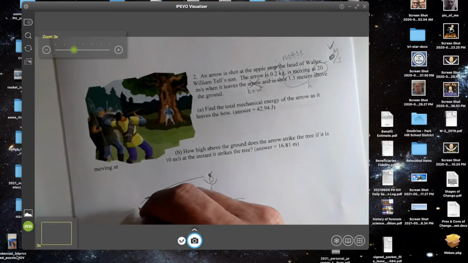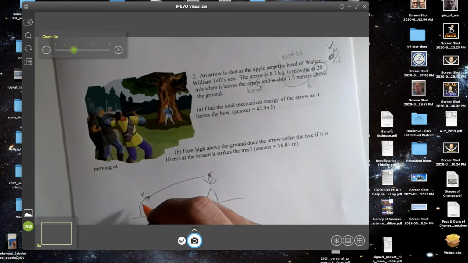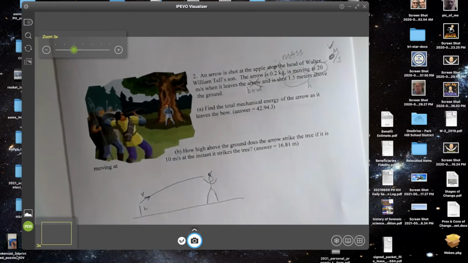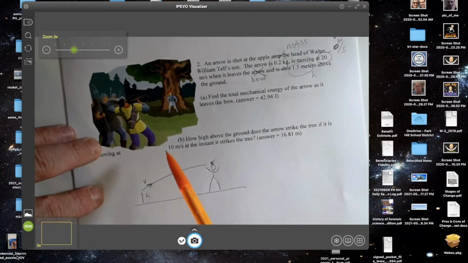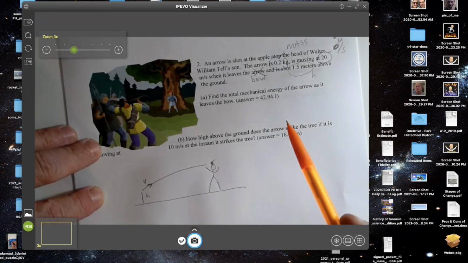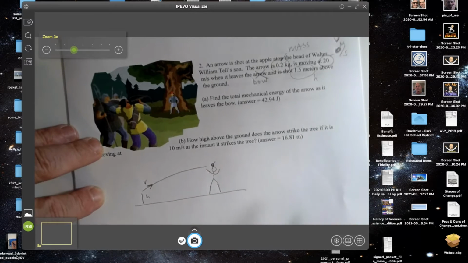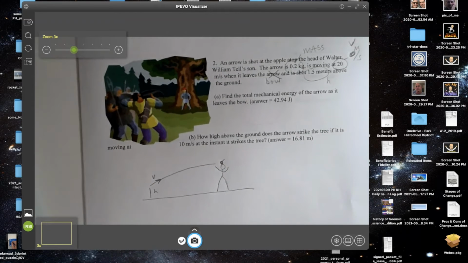The arrow has a velocity, and the arrow has a height above the ground. So the arrow is going to have kinetic and potential energy. It's going to have mechanical energy, and that energy is going to be conserved again as long as we don't need to worry about any dissipative effects.